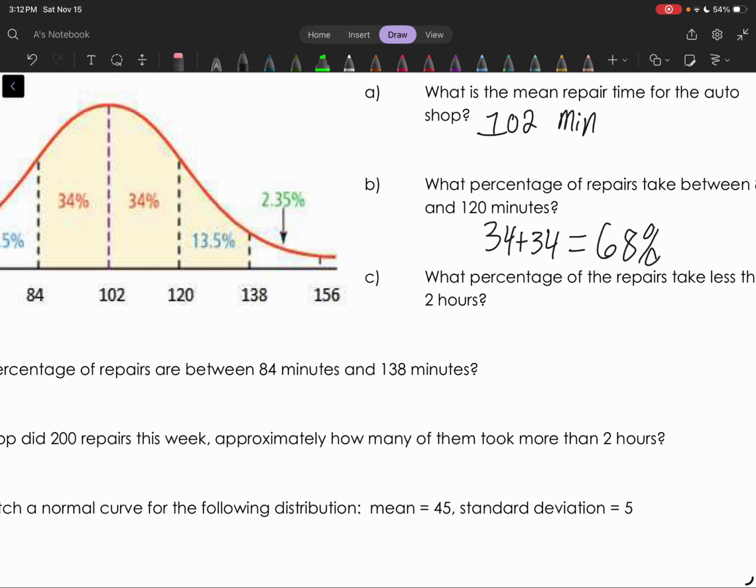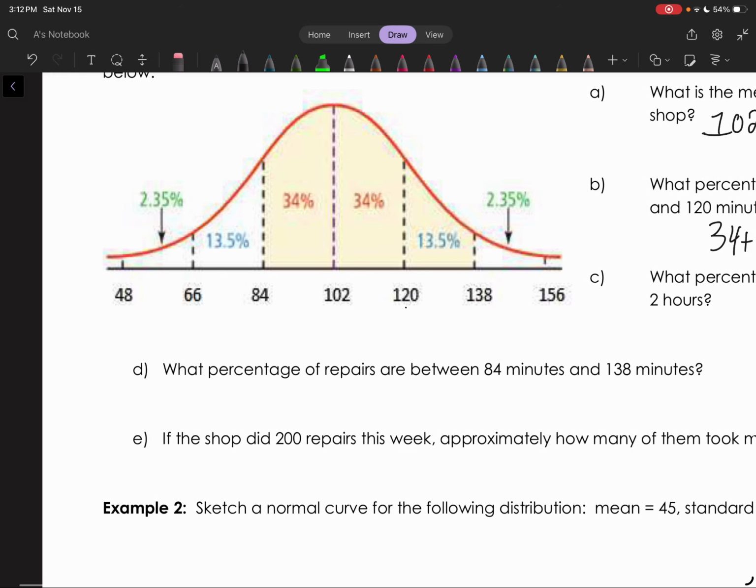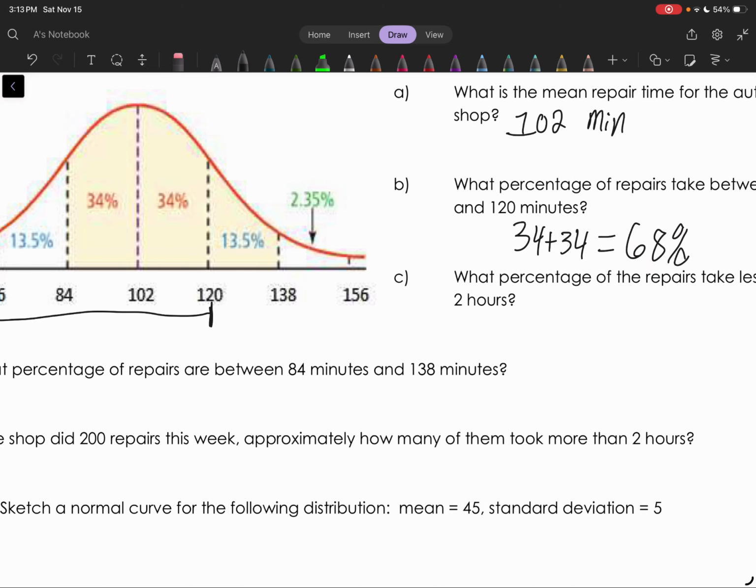What percentage of the repairs takes less than 2 hours? 2 hours is 120 minutes. It's asking what is the percentage of all these to the left. Now you could add 0.15 plus 2.35 plus 13.5 plus 34 plus 34% to get the answer, which is 84.